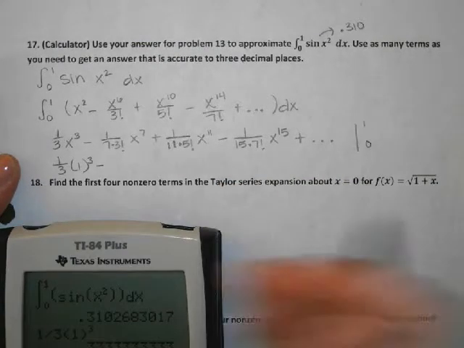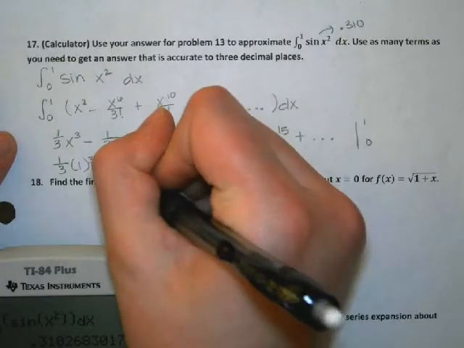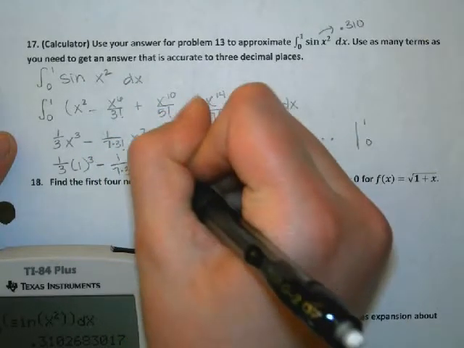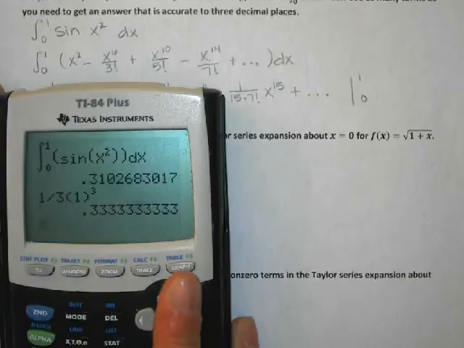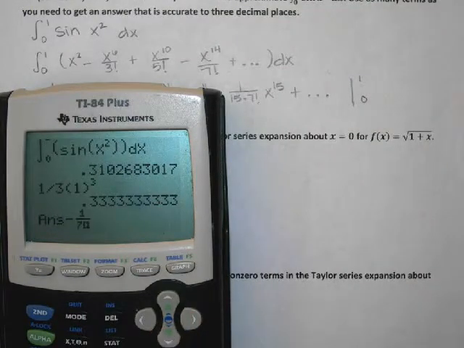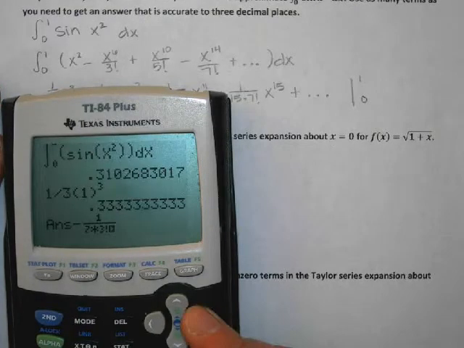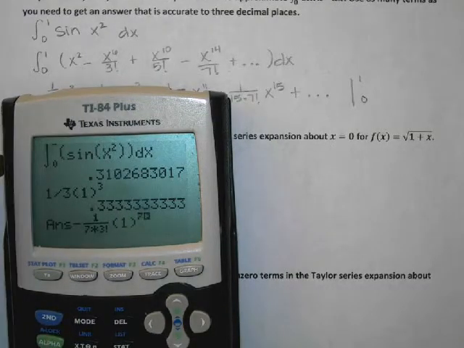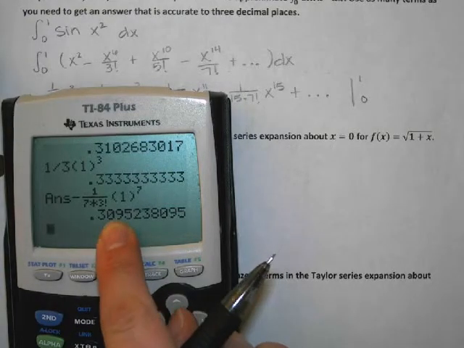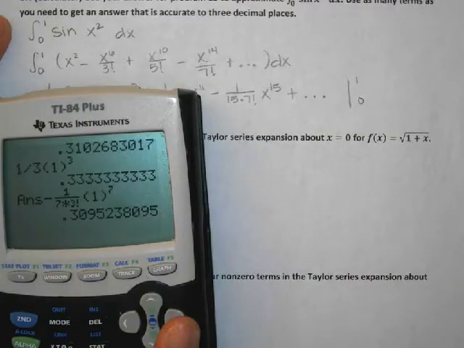All right, so that's 1/3. And then minus, I'm going to need the next term because I'm not there yet. You hit the math button and go to PRB and then go down to 4. Oh, we're a little bit closer. Actually, that's kind of it. Well, not if you round. We'll actually go a little bit further.